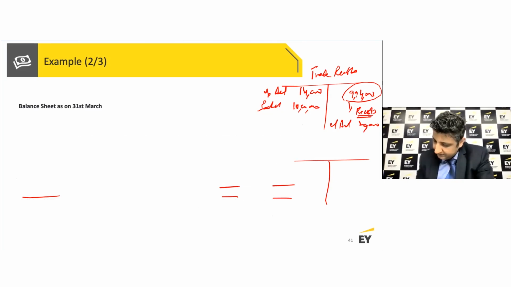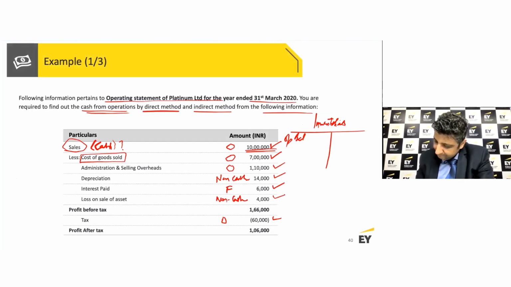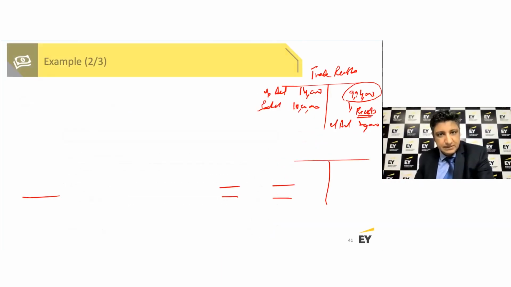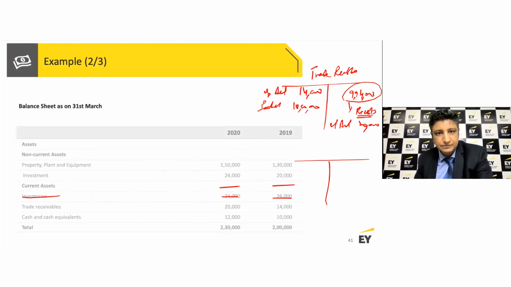Let's bring it here. 26,000, closing balance is 24,000, which means that my cost of goods sold is 7 lakh, which actually suggests my purchases must have been a difference of 6,98,000. And I can use this as my purchase in my payables balance also.